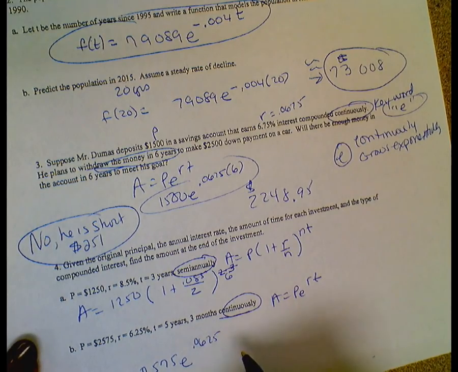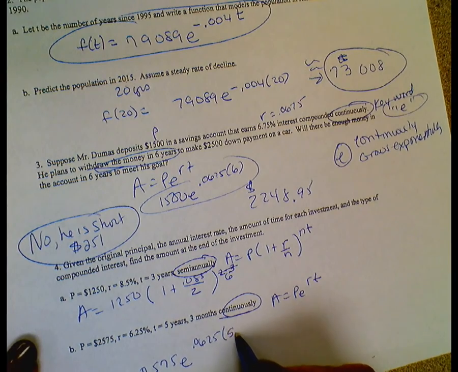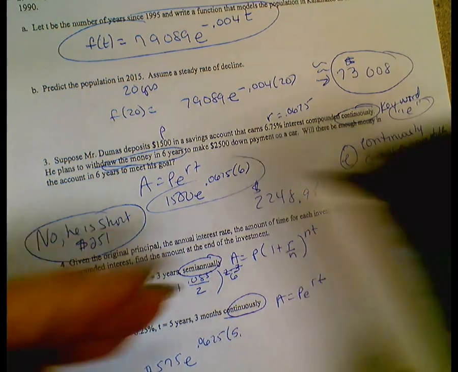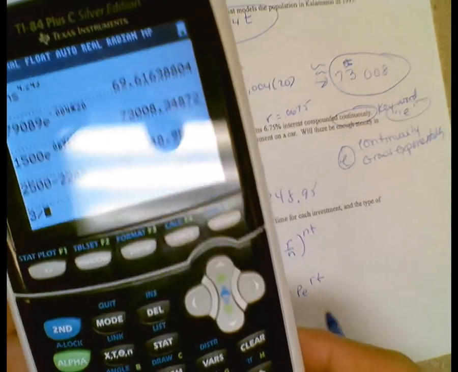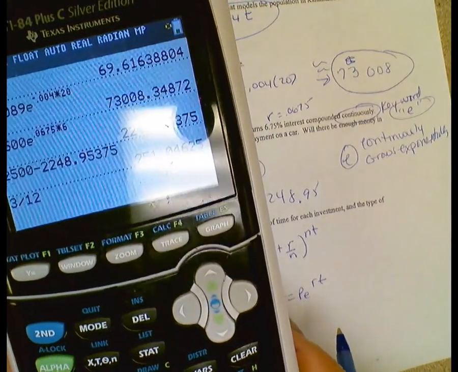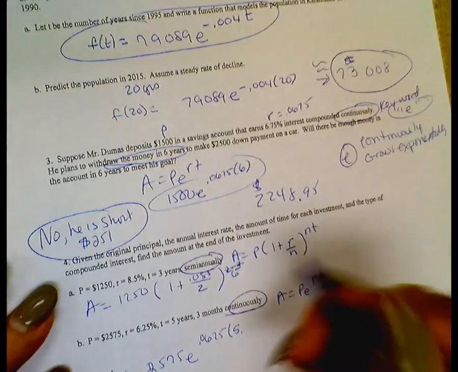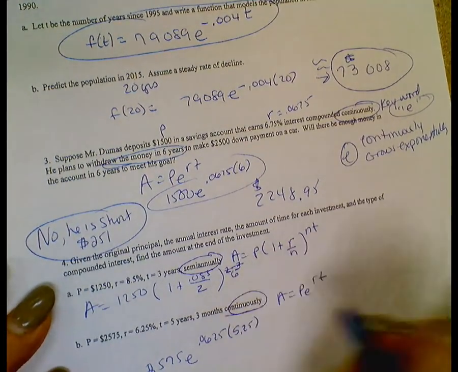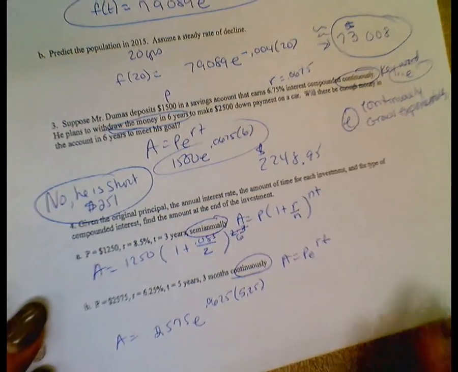I need an O in there. For 5 years, 3 months is 5 point. What's 3 months in a year, guys? What's 3 divided by 12? 0.25. So that's 5 1/4 years. That's how you would punch that in.